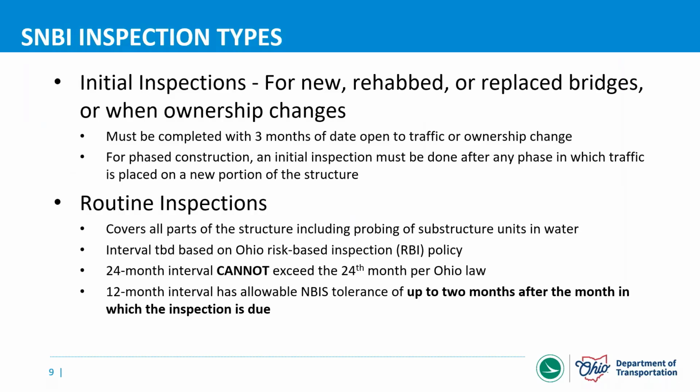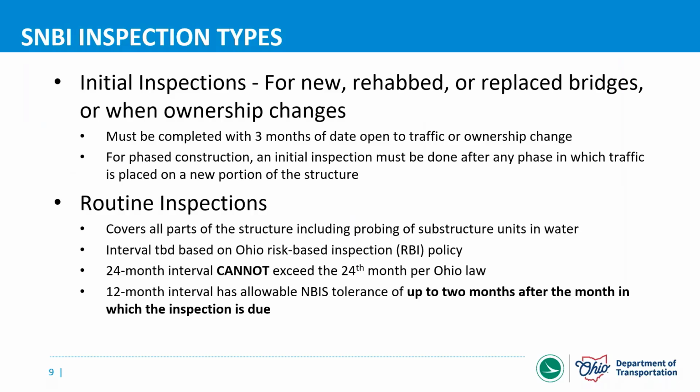So the bridges that have been deemed 24-month routine per the Ohio RBI are due by the end of that 24th month, and that is written into Ohio law: routine bridge inspections cannot exceed 24 months. On the other hand, 12-month routine intervals have an allowable NBIS tolerance of up to 2 months after the month in which the inspection is due.